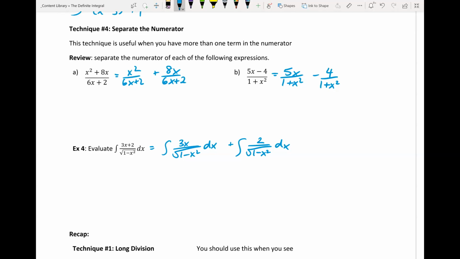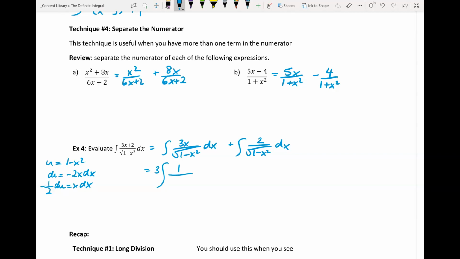Okay, so I'm going to let u be 1 minus x squared. Then du is minus 2x dx. We don't have this minus 2, so I'm just going to move it to the other side. And then do my replacing. Okay, so this 3 I'm just going to move to the front.